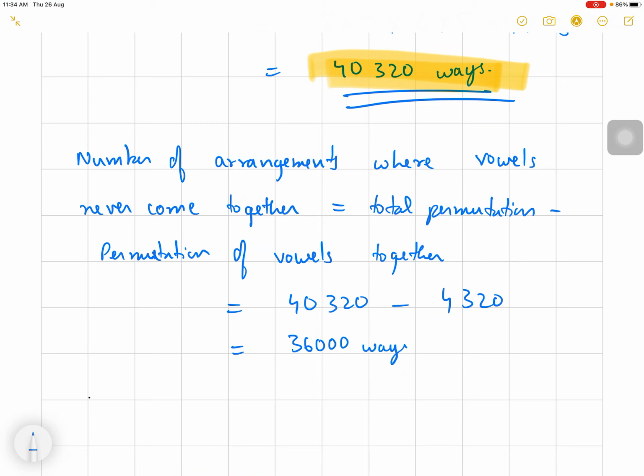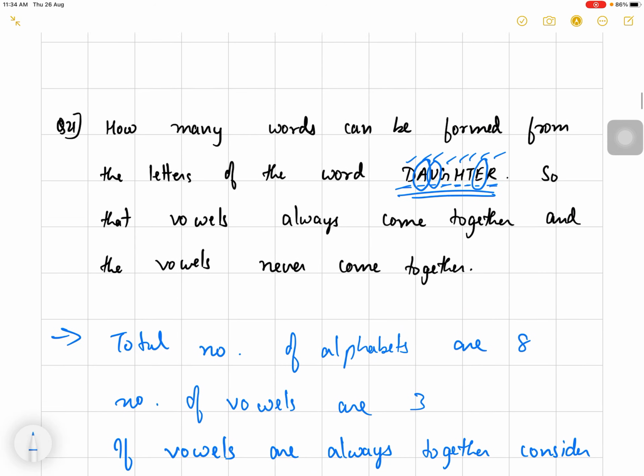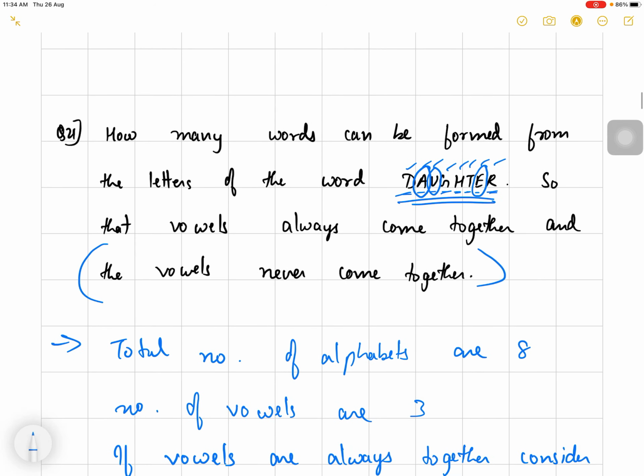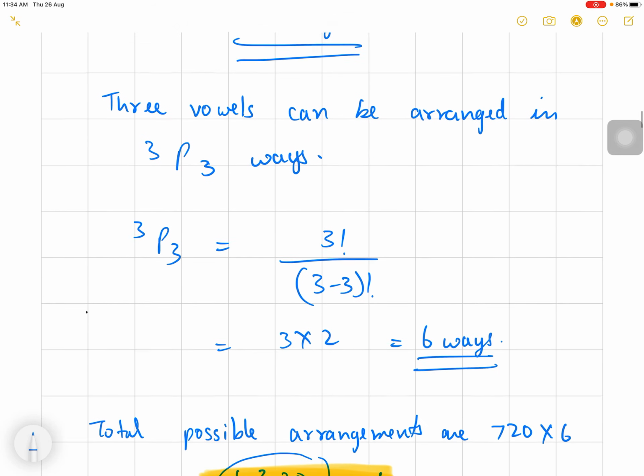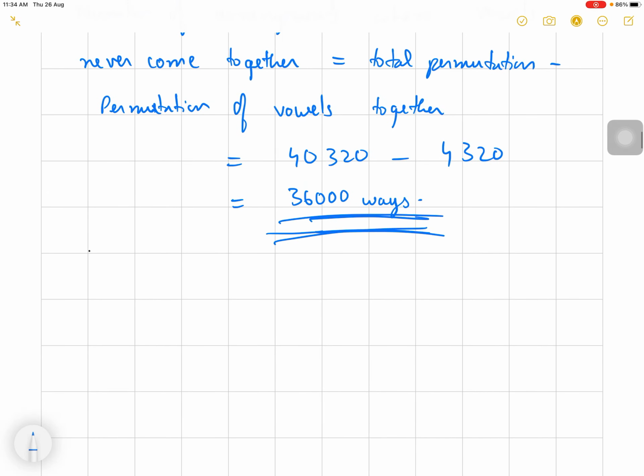So the answer for your last part, where the vowels never come together, is 36,000 ways.